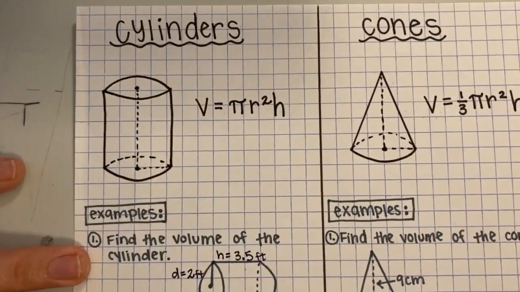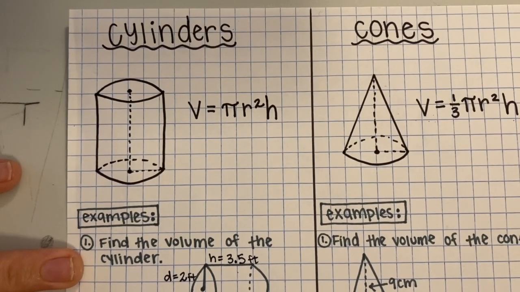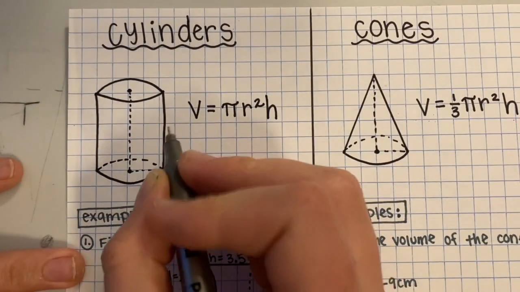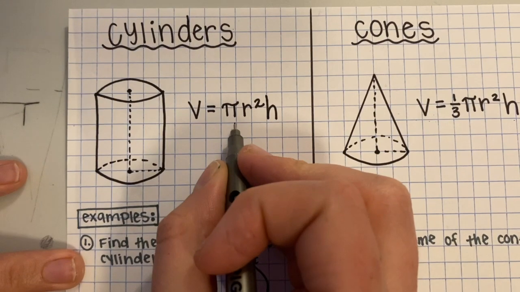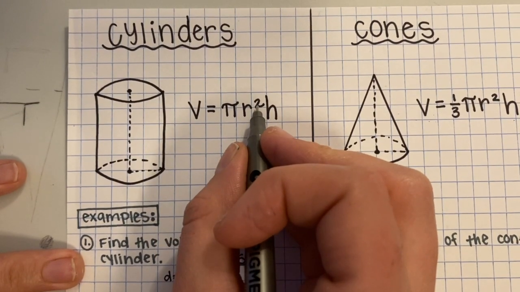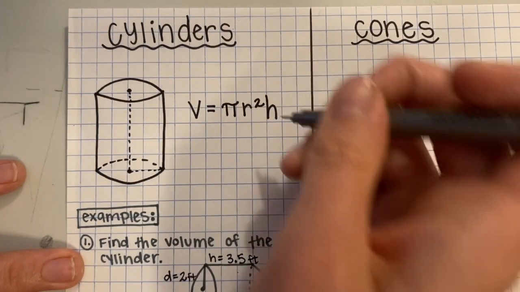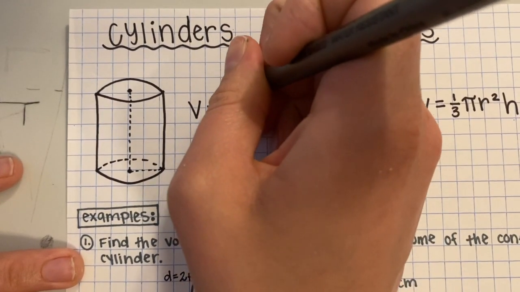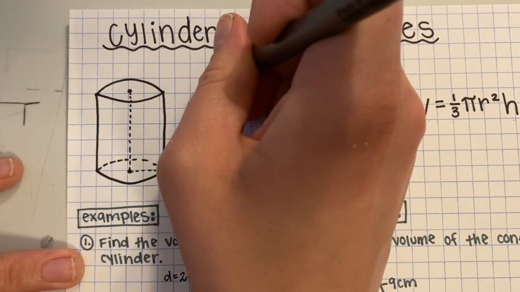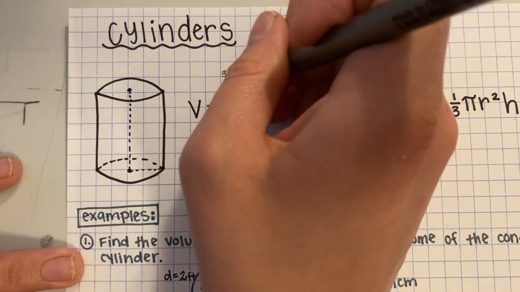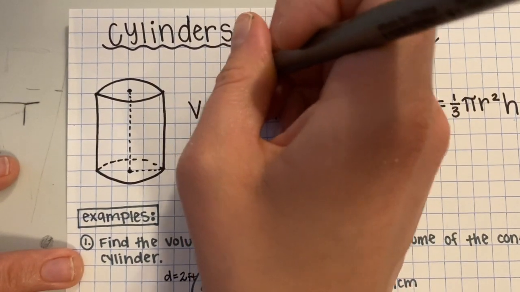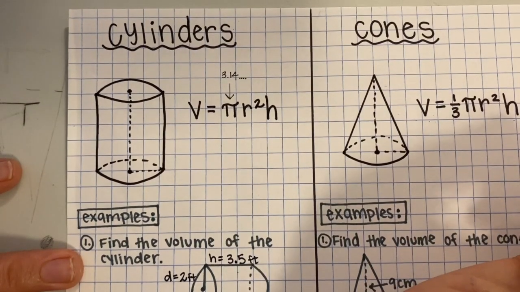So our formula for finding the volume of a cylinder is volume equals pi r squared times height. So remember, pi is that irrational number that's 3.14159... and it just goes on forever and doesn't repeat.